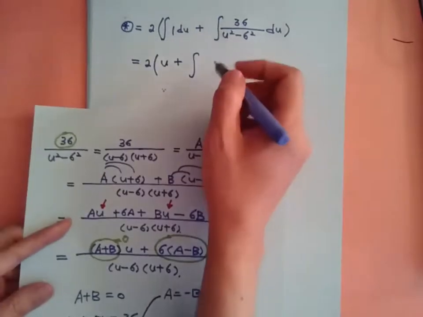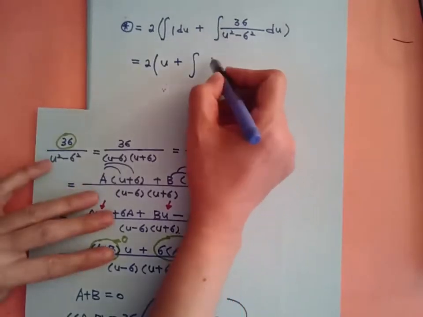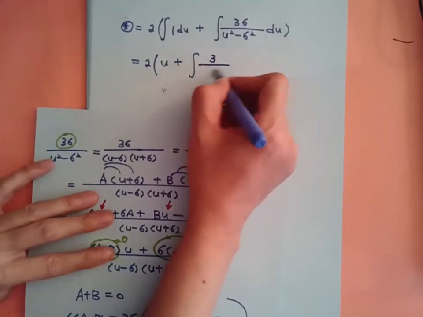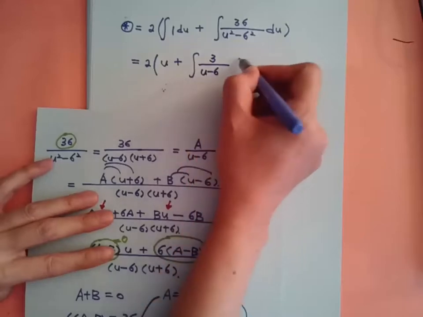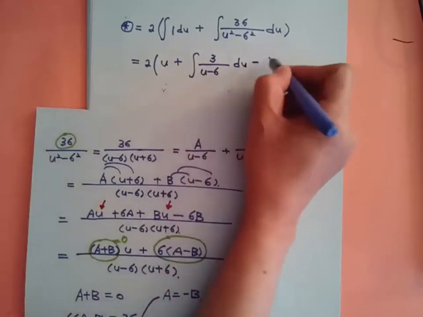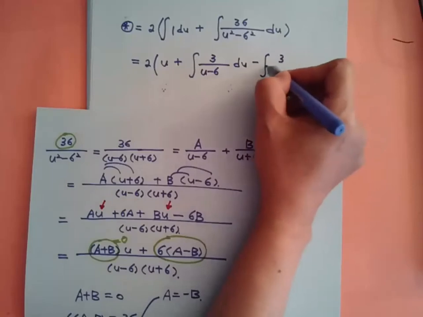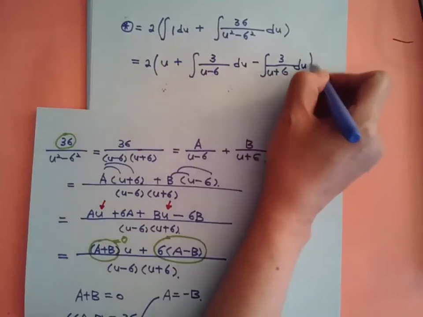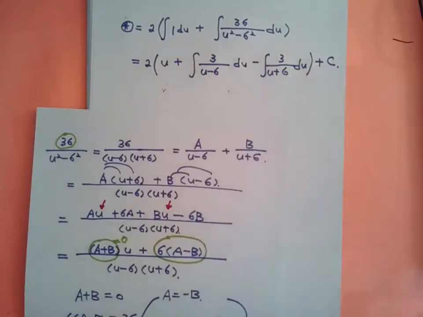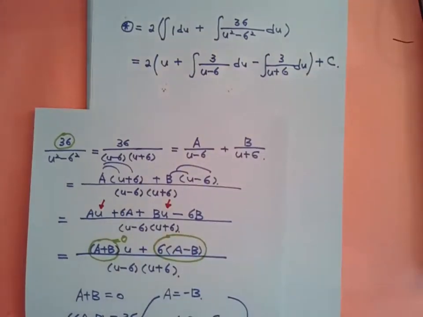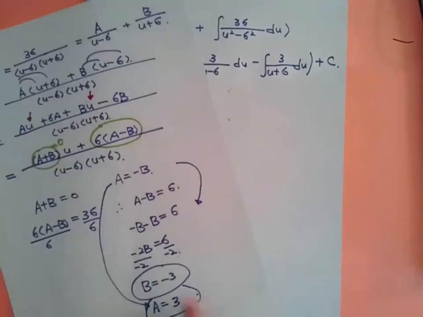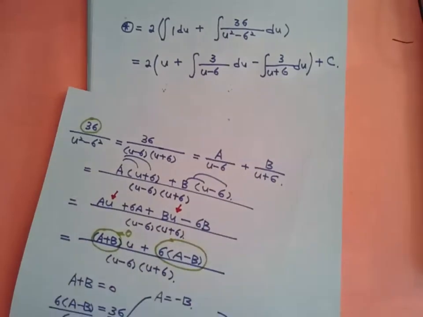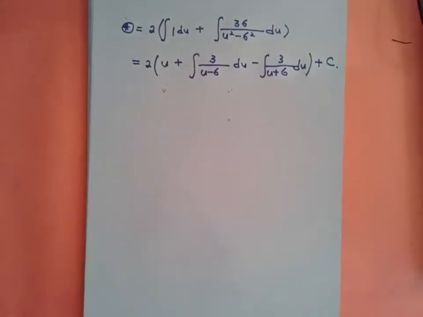So we will use that information to write the integration as 3 over u minus 6 du minus integration 3 over u plus 6 du plus c. So a is 3 and b is minus 3. That is applied here.